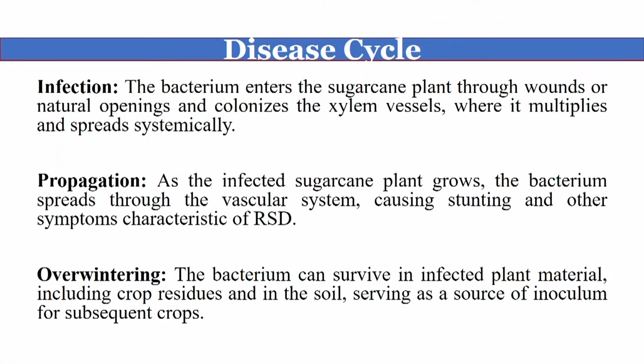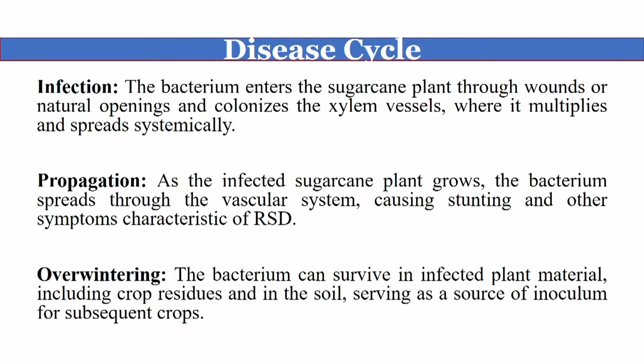And how does it happen? The disease cycle: the bacterium enters into the sugarcane plants through wounds or natural openings, or sometimes it colonizes in the xylem vessels, where it multiplies and spreads systemically.